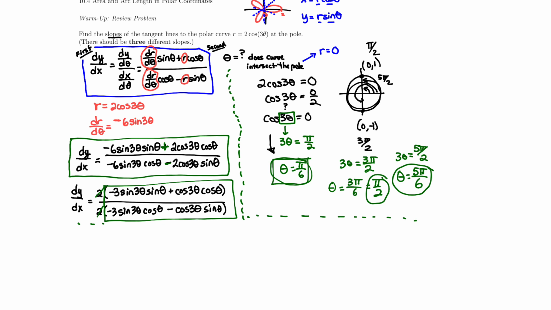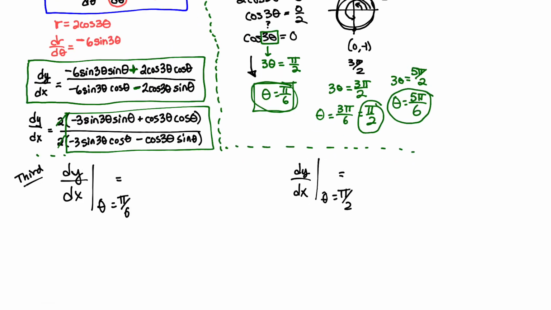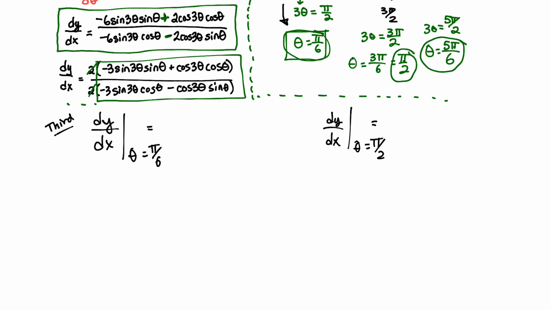So the last step, our third step, is we want to find dy/dx when theta is pi over 6, dy/dx when theta is pi over 2, and dy/dx when theta is 5 pi over 6.